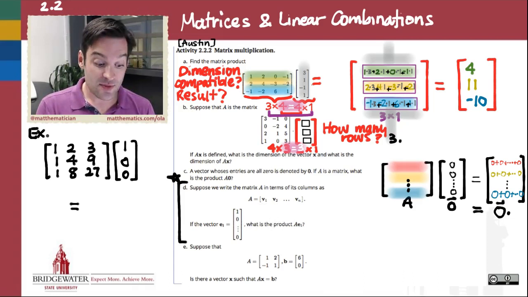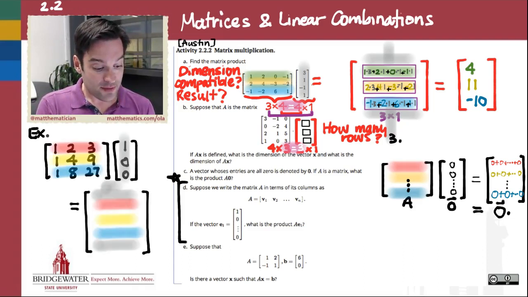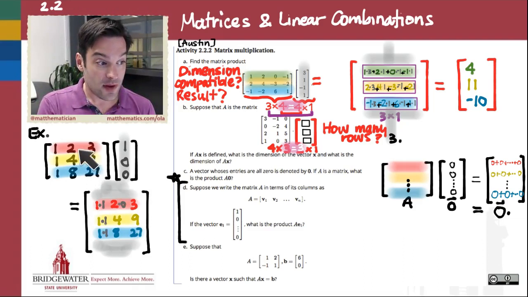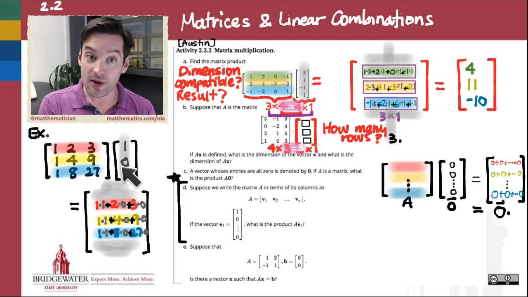Let's start by looking at a specific, concrete example. Suppose I have this 3 by 3 matrix, and this is my A: 1, 2, 3, 1, 4, 9, 1, 8, 27. If I multiply that matrix by 1, 0, 0, what are the entries in that product going to be? Well, when that product happens, I'm going to take the rows of my matrix, multiply them term-wise by the column that I have over here, and add those results.